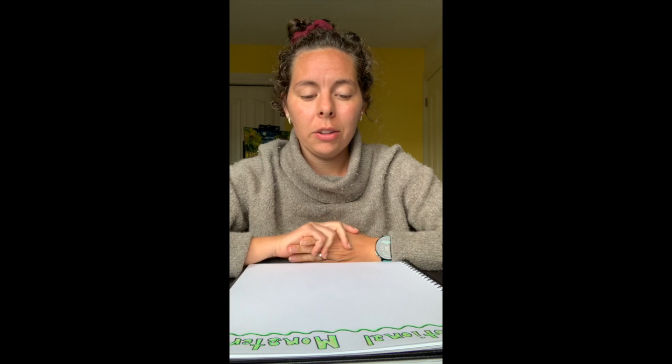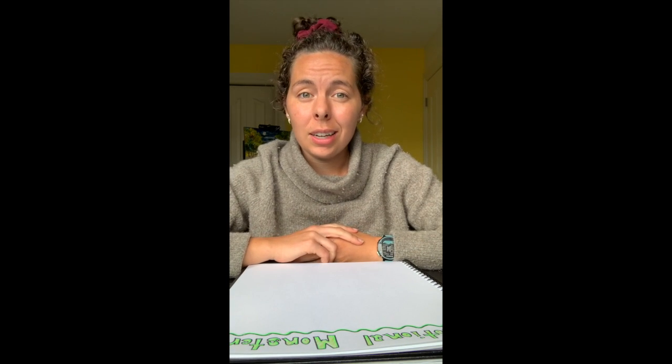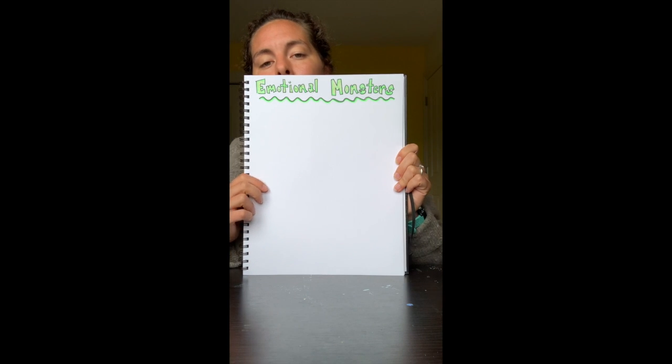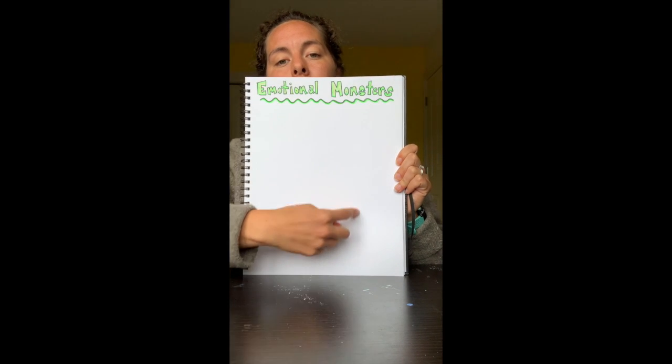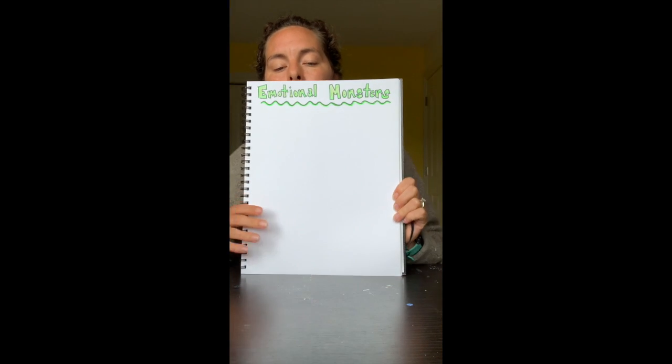So the first thing I'll get you to do is split our page into 9 sections. If you're holding your page like mine, you might want to do 2 lines down and then 2 lines across. That's probably what I'll do with mine, but you can split it up however you like.